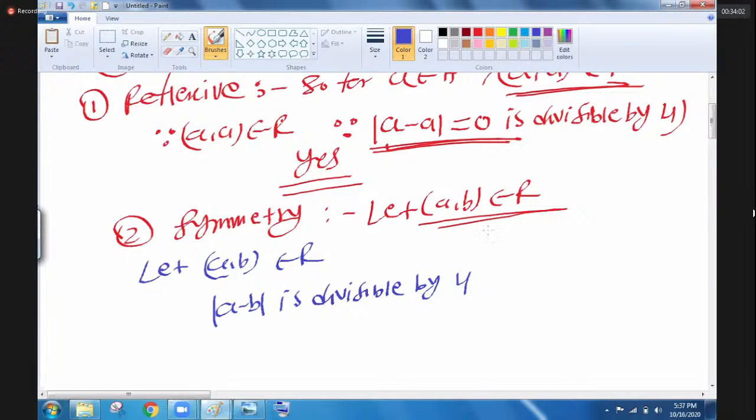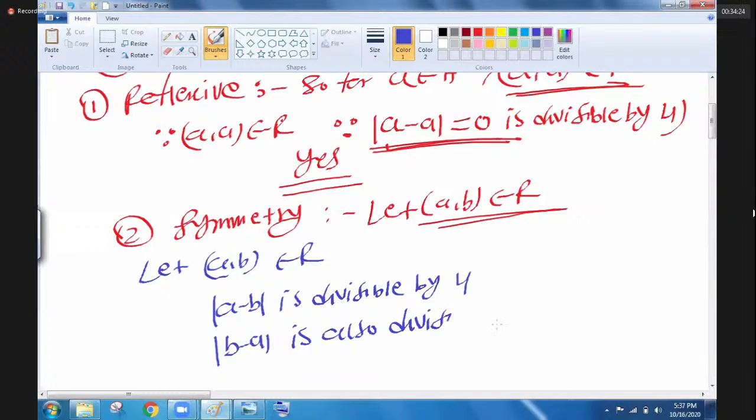If there is any ordered pair AB in relation R for which A minus B is divisible by 4, then B minus A is also divisible by 4.